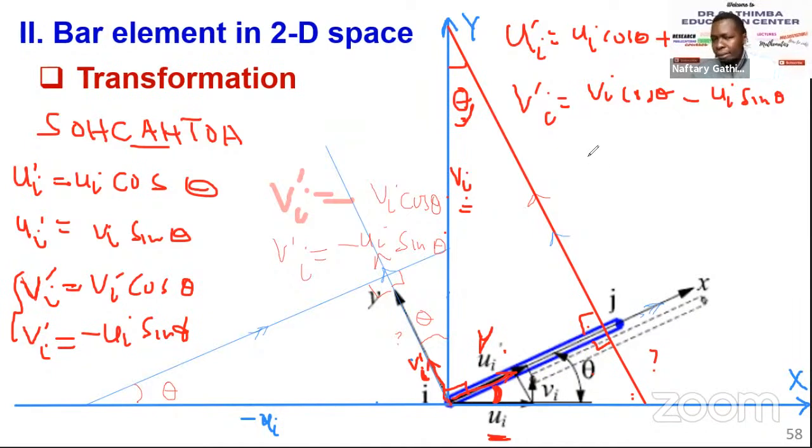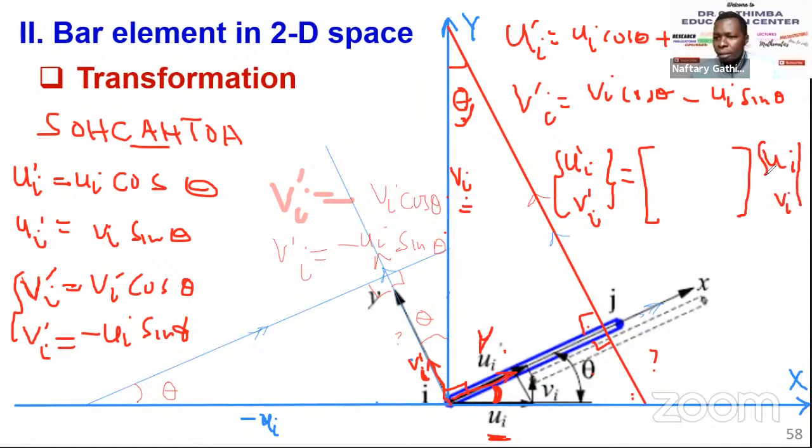If you write this in matrix form, you'll have U prime I, V prime I. This is a vector of nodal coordinates, in the local coordinate system. So you can put Ui here at the end, Ui in the global coordinate system, Vi. This is a vector.